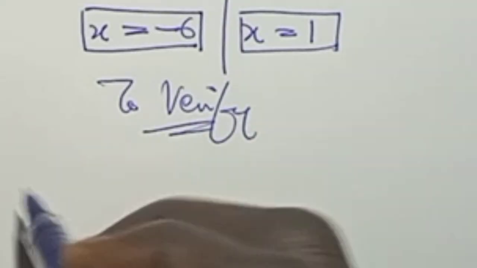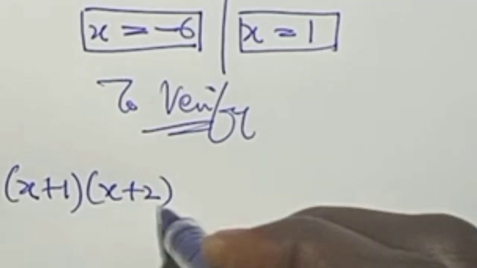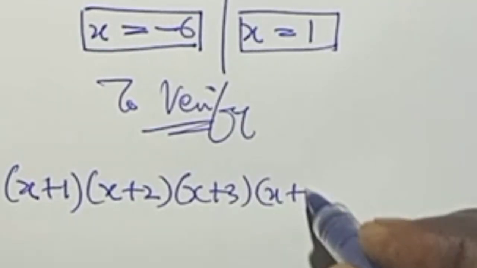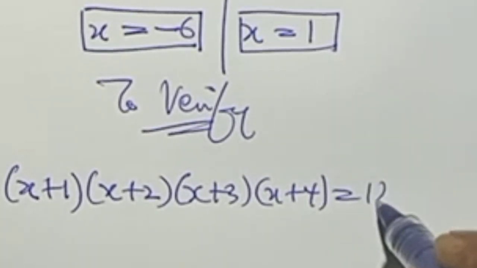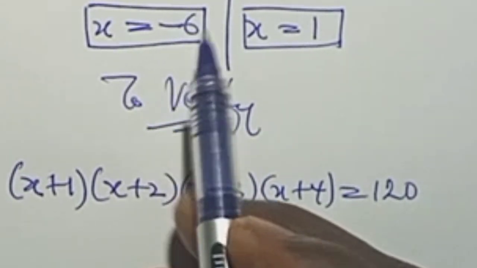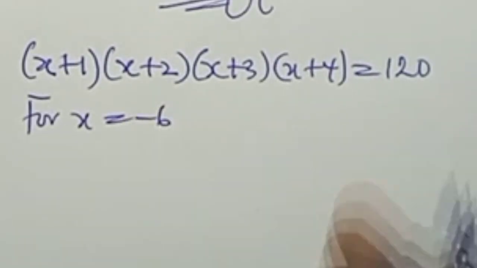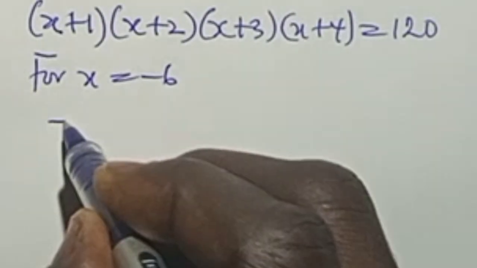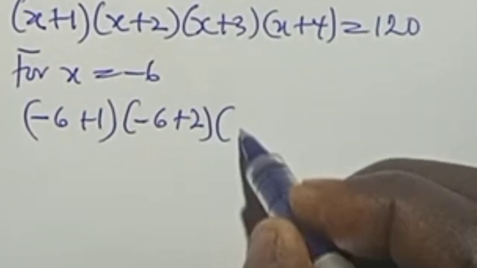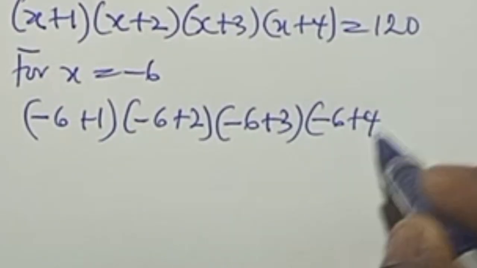So from our original equation, which is s plus 1, s plus 2, s plus 3 times s plus 4 equals 120. So to check, s will be replaced with minus 6. That is, for s equals minus 6, our equation becomes minus 6 plus 1, minus 6 plus 2, minus 6 plus 3, minus 6 plus 4.